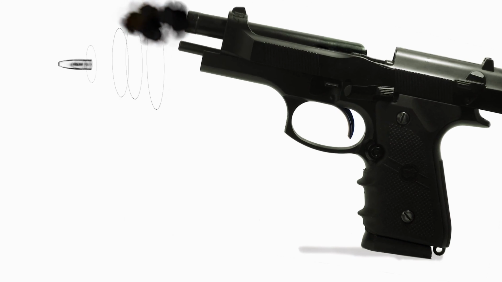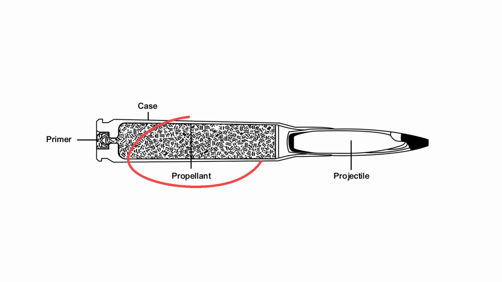And there's two main factors that will determine this muzzle velocity. The first factor is the amount of gunpowder or propellant that's in the bullet that accelerates that bullet out of the barrel of the weapon system. And the second factor that determines muzzle velocity is the mass of that projectile, how heavy it is. Now, not all bullets are created equal.